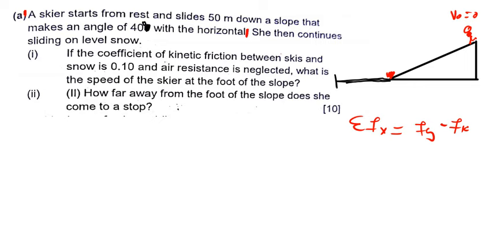Don't you think that the friction was only from this part all the way to that part? Because the question is saying she then continues sliding on the level snow, meaning that the snow is this one. So I'm asking you, why are we adding the friction force to the part of the incline? No, it's just a question. I want you just to answer. I'm not saying it's wrong.